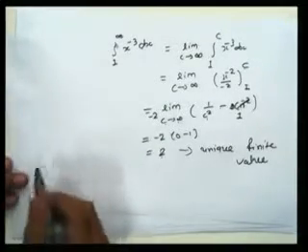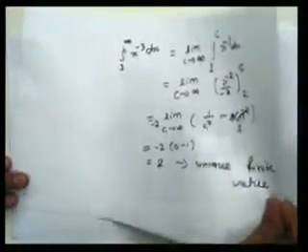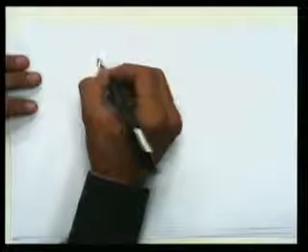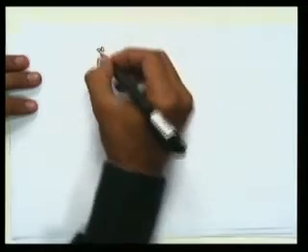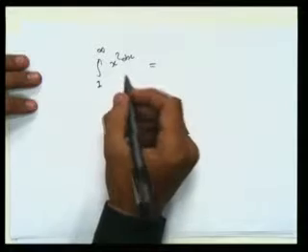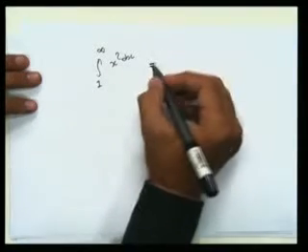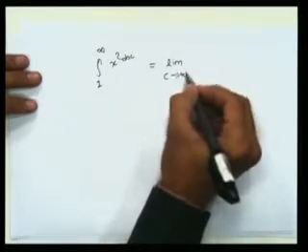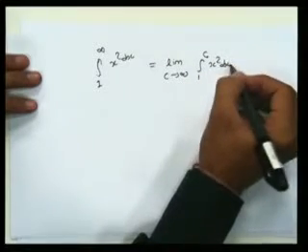Next, let us take an example of a divergent integral. If we take integration from 1 to infinity of x square dx, then we know that this is a first kind of improper integral. So we can write this as limit c tends to infinity of integration from 1 to c of x square dx.